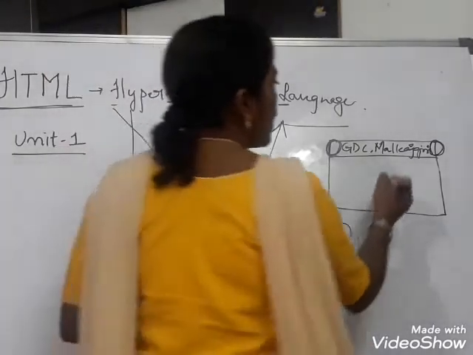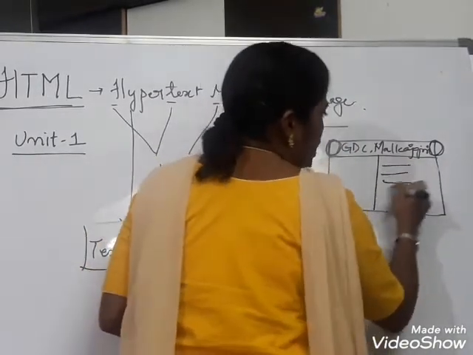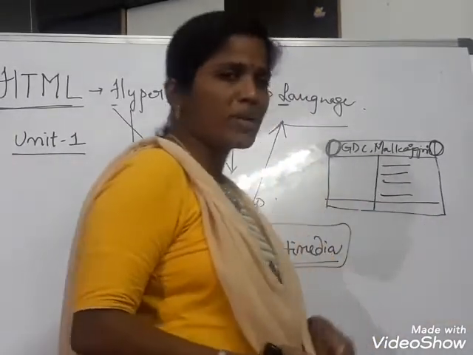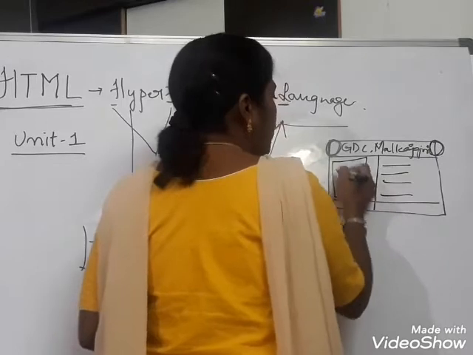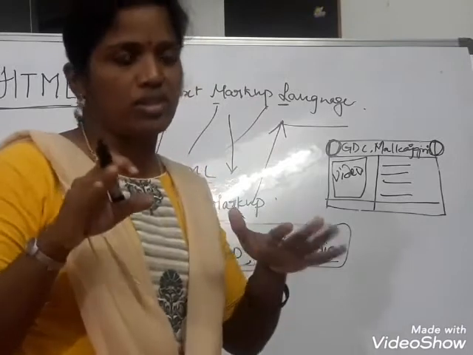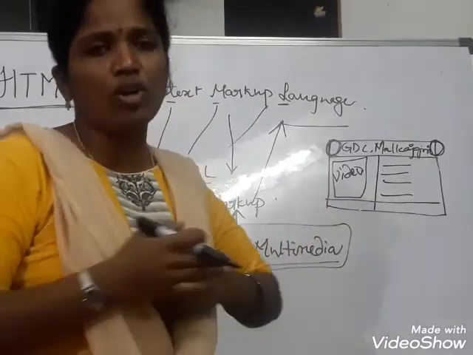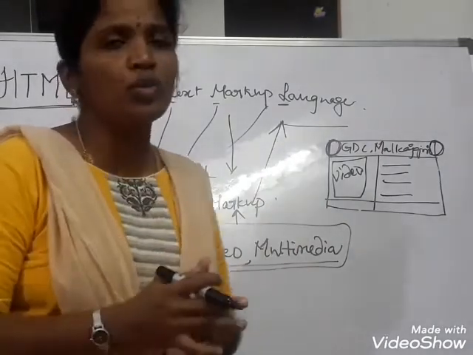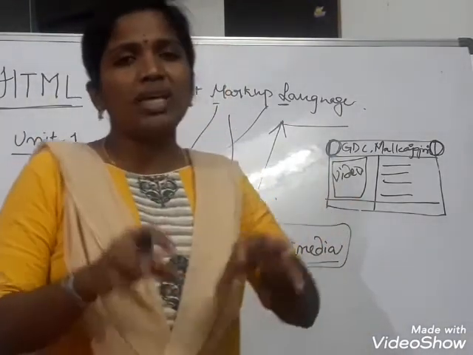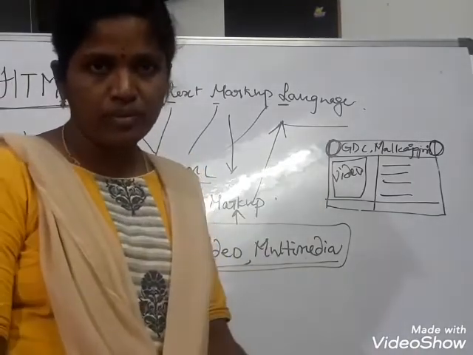I will also have a division with text written here, something showing the address of my college, and a video which is a virtual tour of my college. Because I want to campaign for new admissions, I make a virtual tour of my college showing all my labs, lab facilities, classrooms, playground and everything.